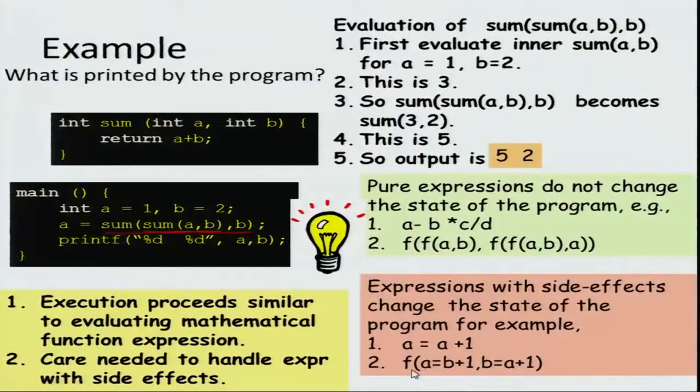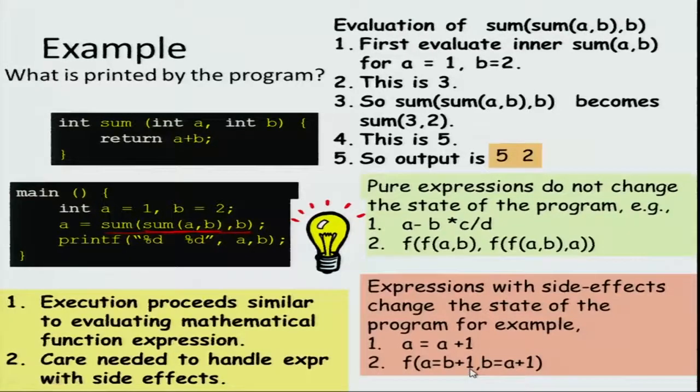Here in the second function, you have two arguments to function f. The first is an expression a equal to b plus 1, the second is an expression b equal to a plus 1. This might sound like a very strange way to code, but you know that any expression can be given as arguments.